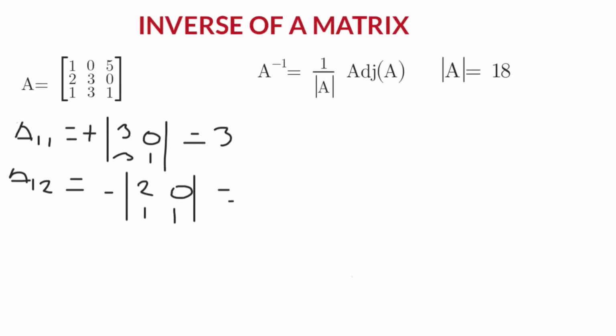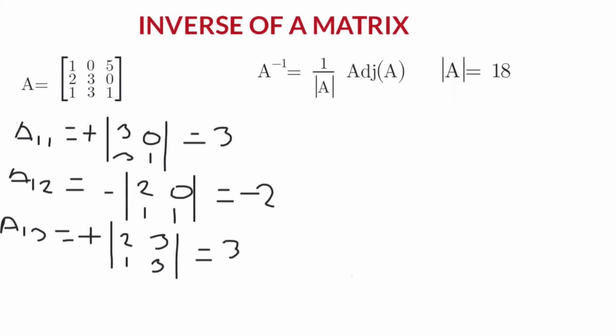So it is equal to minus 2. Now A13 is also positive, it will be the determinant of 2 3 and 1 3. So it is equal to 3 times 2 is 6 minus 3, which is equal to 3.